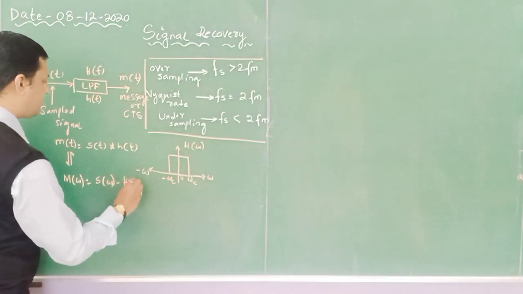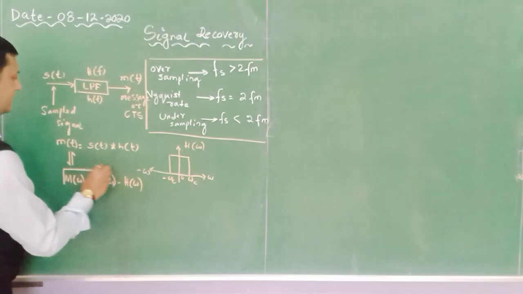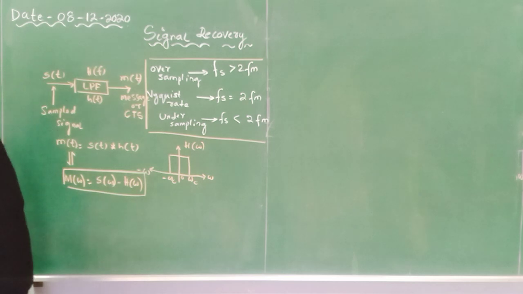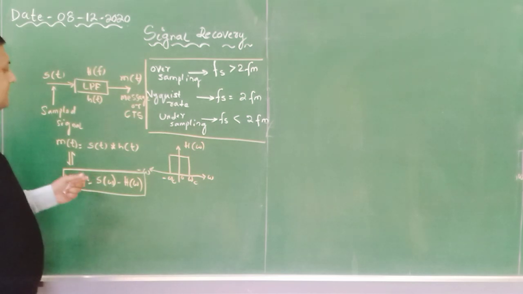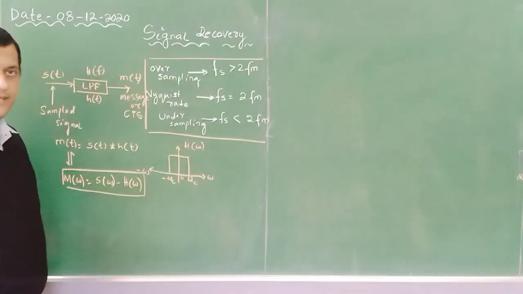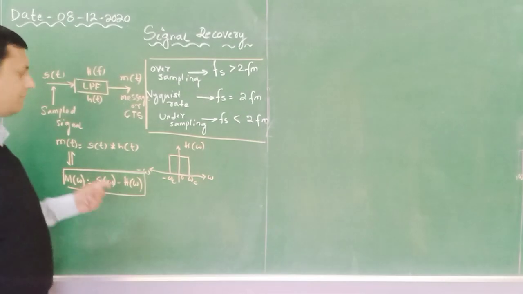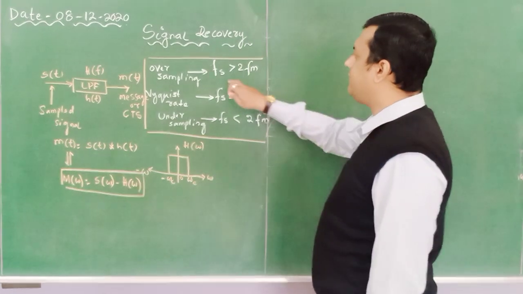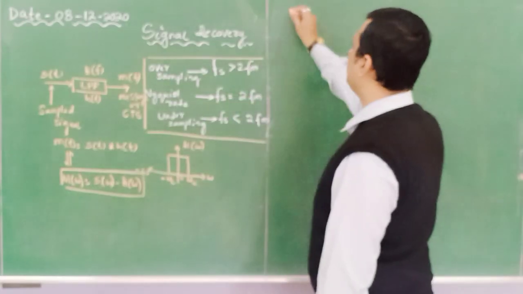With the help of this relation, I can extract the modulating signal. Now we will see how we can extract the data. First of all, I am discussing the oversampling case.